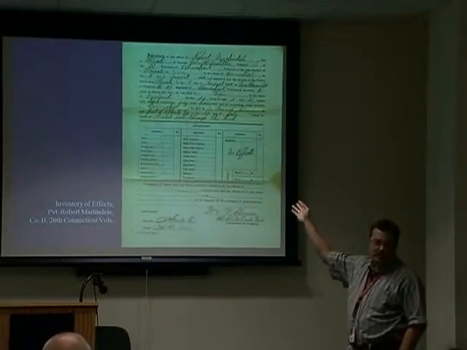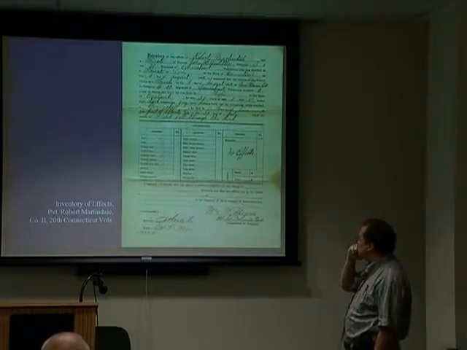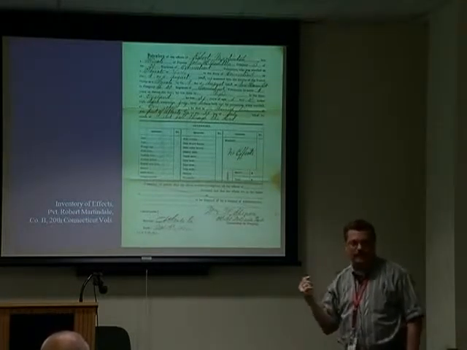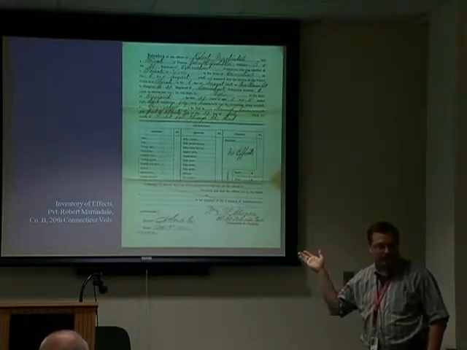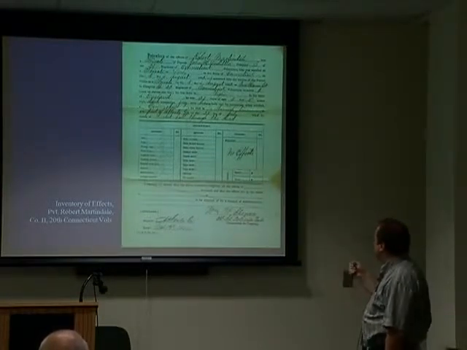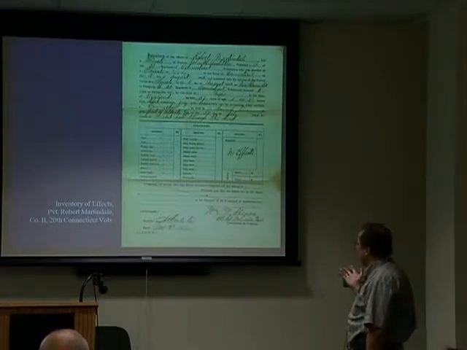It gives the information about his service. It shows that Robert Martindale, actually information about his death, shows that he died on the skirmish line in front of Atlanta during the Battle of Atlanta by reason of a musket ball through the head.